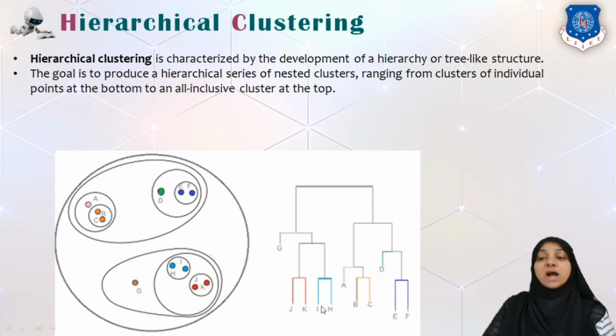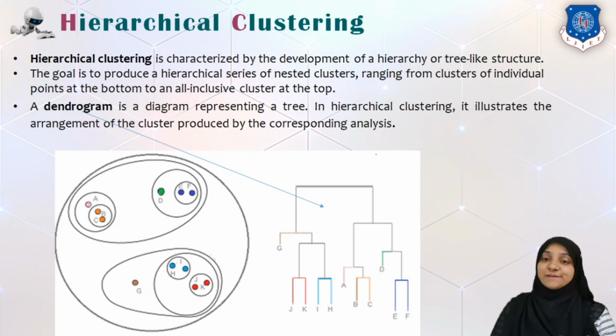I and H belong to the same cluster, and if I want to increase the size of the cluster slightly, then J, K, I, H may belong to the same cluster, which is given by this branch of the tree. Likewise, B and C belong to the same cluster, but if the size of the cluster increases slightly, then A, B and C go to the same cluster, which is given by this particular branch of the tree.